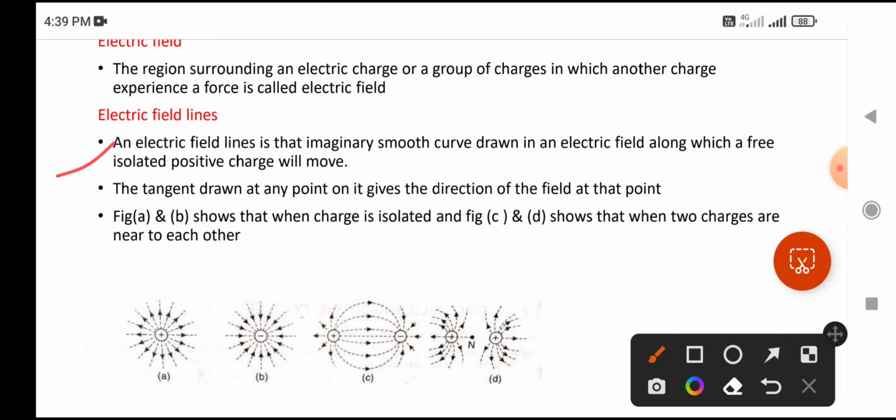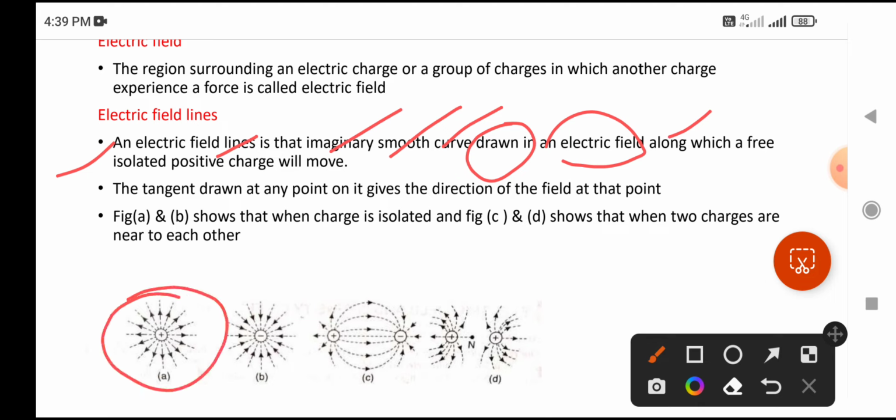Right? Electric field lines are an imaginary smooth curve. It is imaginary, not real. It is one curve drawn in the electric field along which a free isolated positive charge will move.